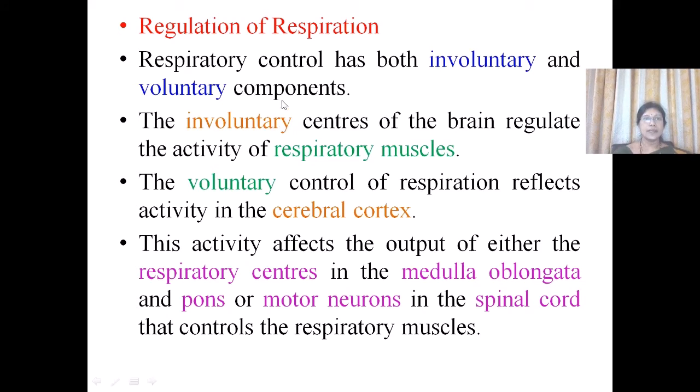Now let us see about regulation of respiration. Respiratory control has both involuntary and voluntary components. The involuntary centers of the brain regulate the activity of respiratory muscles. The voluntary control of respiration reflects activity in the cerebral cortex.